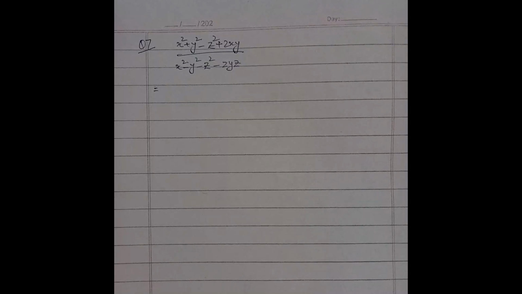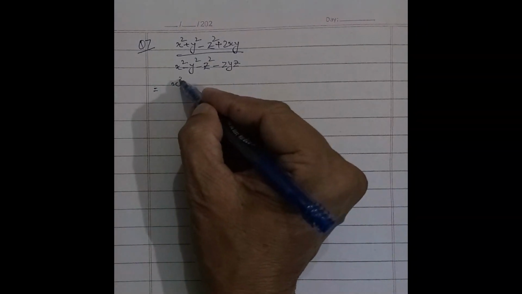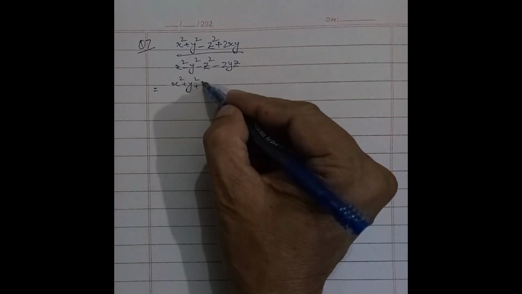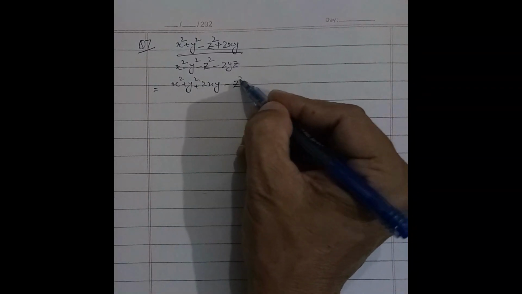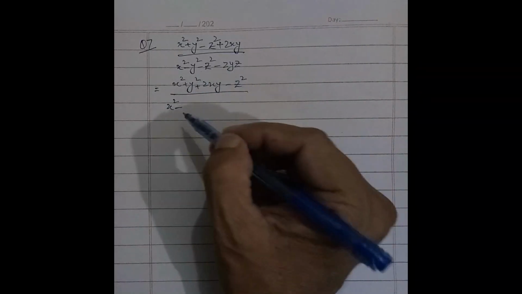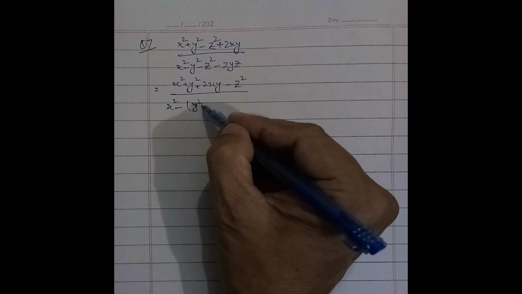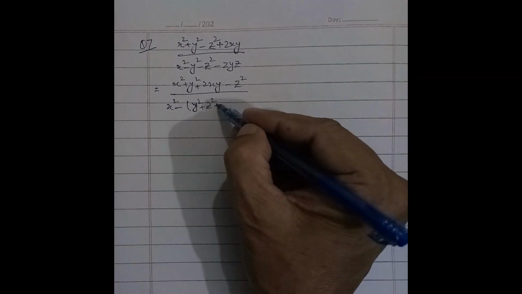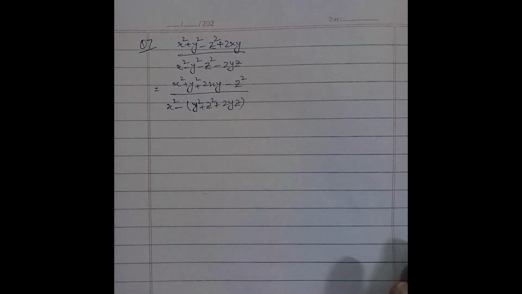Now we first arrange the values and then solve. Here is x square plus y square plus 2xy minus z square. And in the denominator x square take common minus. The value is y square plus z square plus 2yz.